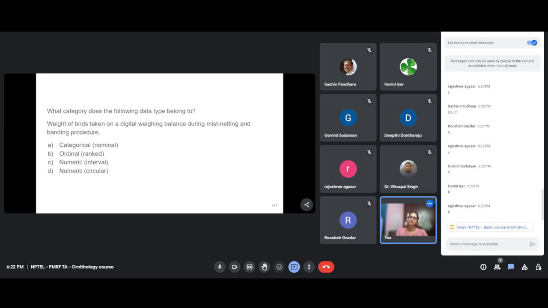A couple of C's, a couple of B's. Okay, so the correct answer is actually C, which is numeric interval.